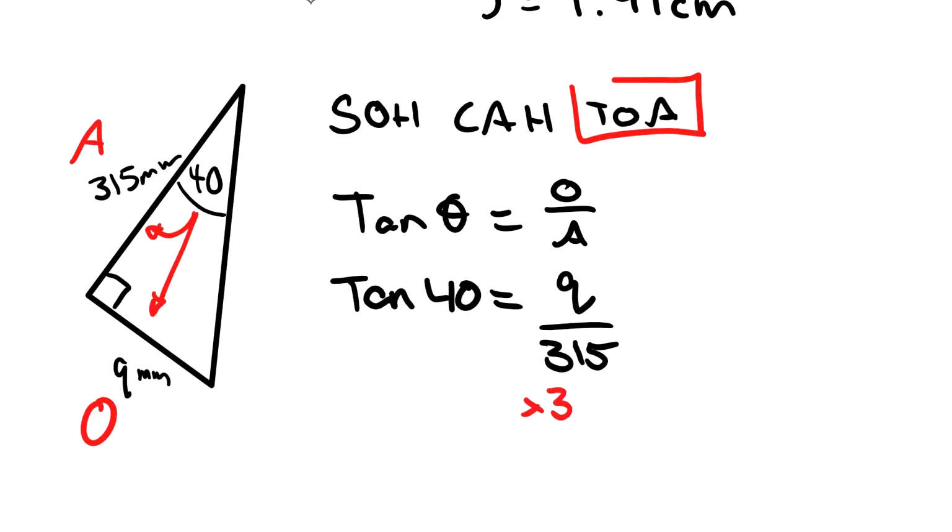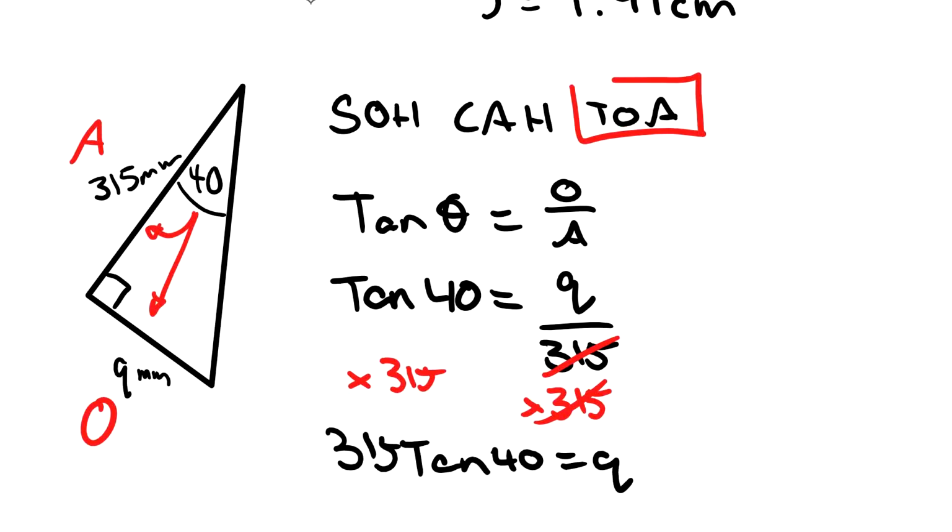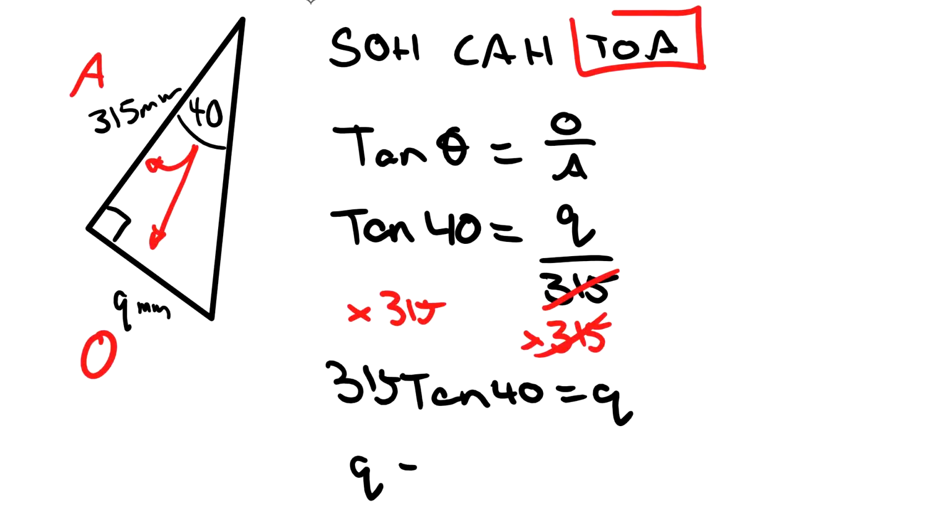We times by 315 to both sides. These cancel out, and we get 315 tan 40 equals Q. And again, you just put that straight into your calculator, and we get 264.32. Check the units, it's millimeters, so add your millimeters there.